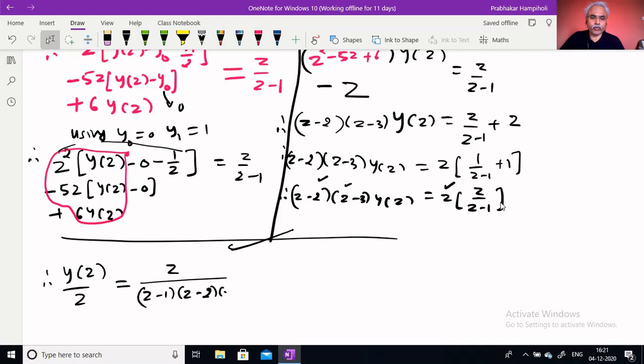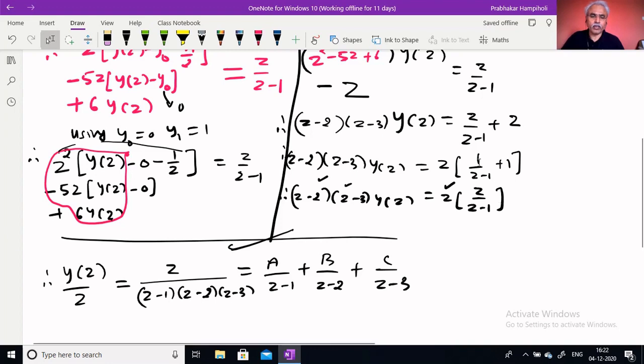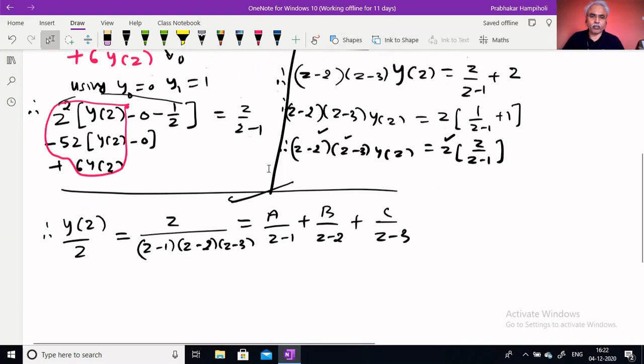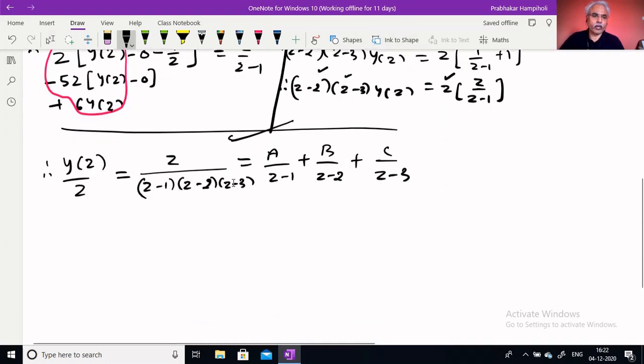A very straightforward partial fractions can be written as A by, B by, C by. Several times we discussed how to find A, B, C. Let us see once again, no problem at all. So we are finding y of z by z. We are going to find the A, B, C values, but first let me keep this structure ready.